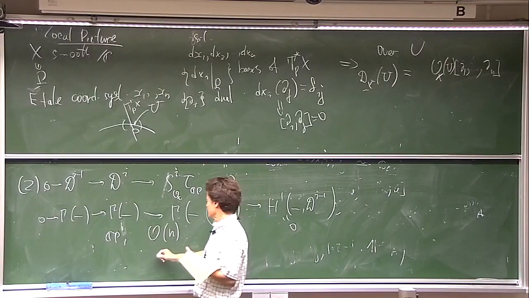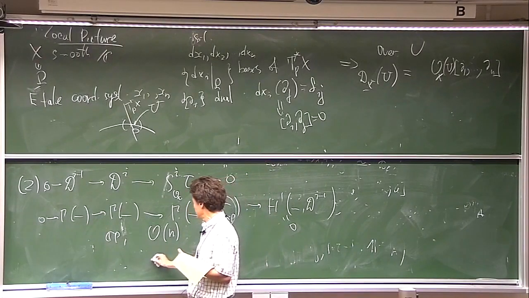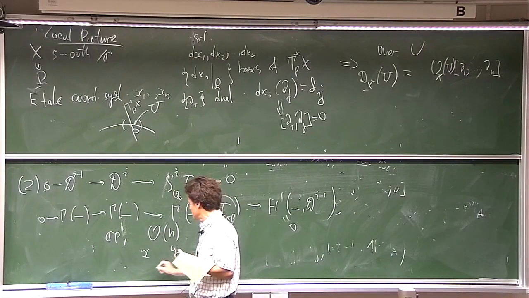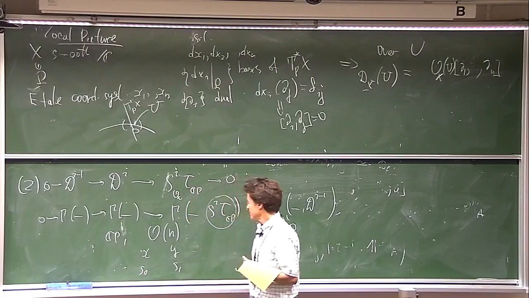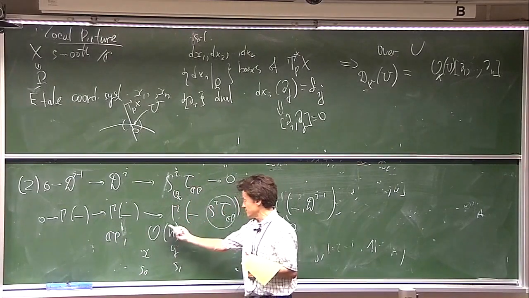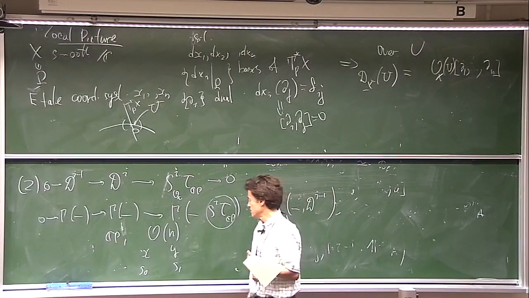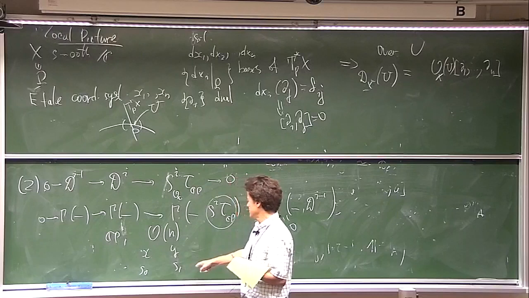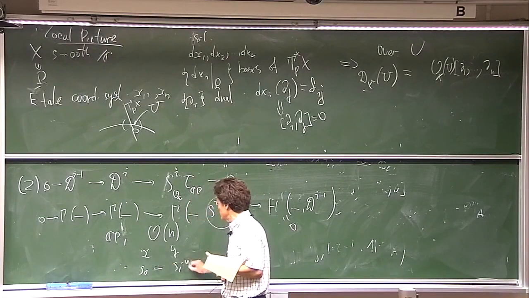O(n) is the one for which the gluing functions on the intersection are x, y. These are sheaves of rank 1 free O modules. And O(n) is obtained if s0 equals s1 times y to the n.